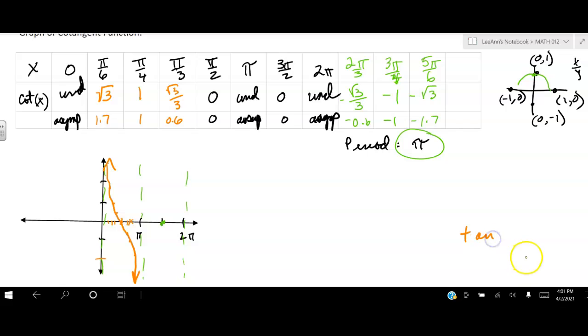Tangent went this way, but cotangent's going the other way. And then the same thing's going to happen in the next period. These are periodic functions, so it's going to repeat between pi and 2 pi. Okay? And you keep going if you want, draw more asymptotes and draw more cotangent curves. So the big thing you want to remember is where the asymptotes are. And the asymptotes start at 0. Okay? 0, pi, 2 pi.